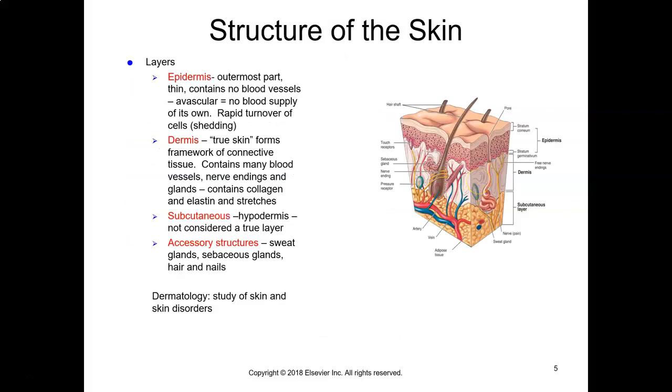There are layers of the skin: the epidermis, the dermis, the subcutaneous, and the accessory structures. You need to know those layers. And we have that in our textbook. Please read about the epidermis and the levels in the epidermis, the stratum corneum and the stratum germinativum.